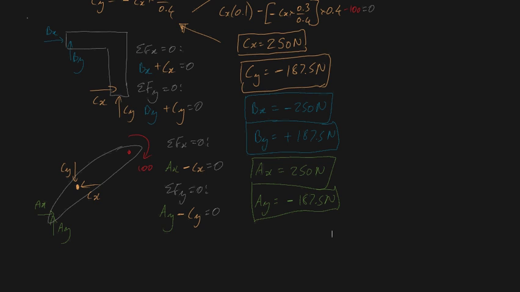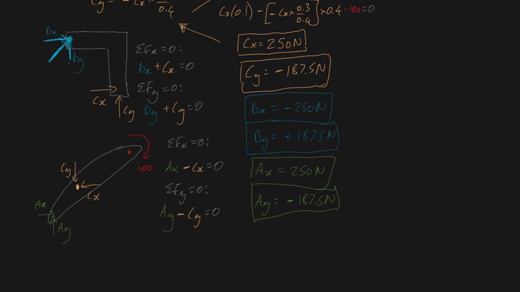In order to do that, let's just consider point B here. Remember, point B is this point just here. Notice that Bx and By are just the components of our reaction force in our x and y direction. So our total reaction force actually looks something like this. Its components are just Bx and By.